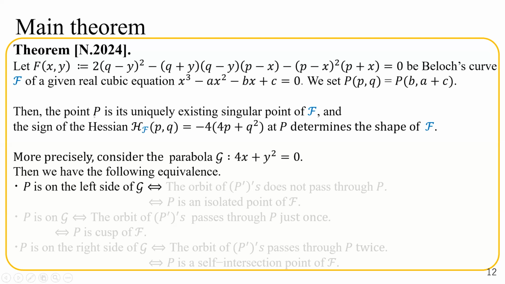Then the point P is the uniquely existing singular point of F, and the sign of the Hessian at P determines the shape of F. More precisely, consider the parabola G. Then we have the following equivalence.